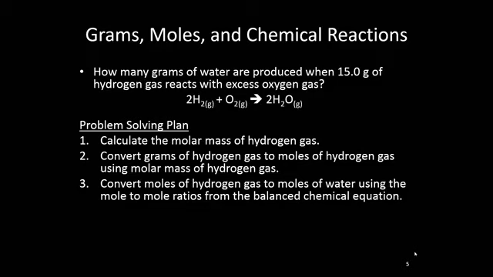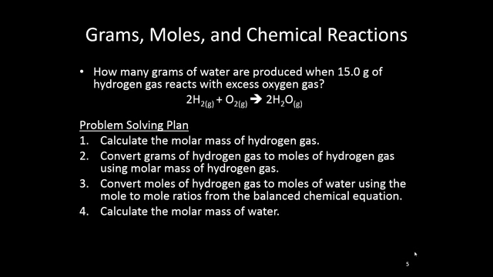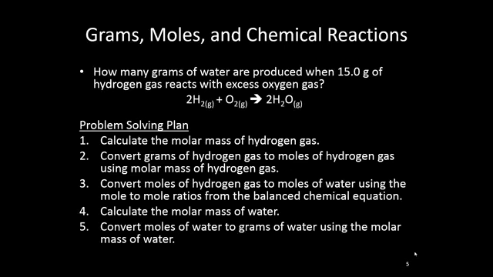We already knew how to calculate the molar mass. We already knew how to convert from grams to moles. The new step is inserting this mole-to-mole ratio, where appropriate, from the balanced equation. Once we've changed from moles of hydrogen gas to moles of water, it is necessary to calculate the molar mass of water, and then finally, in step 5, to utilize that molar mass to convert from moles of water to grams of water.